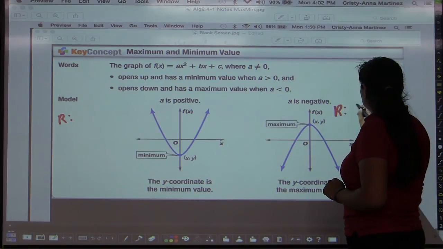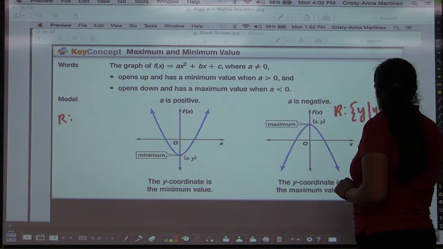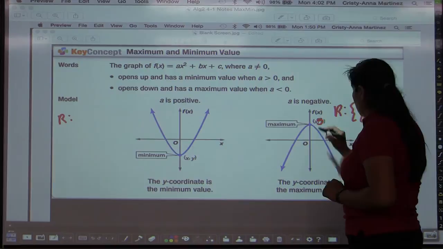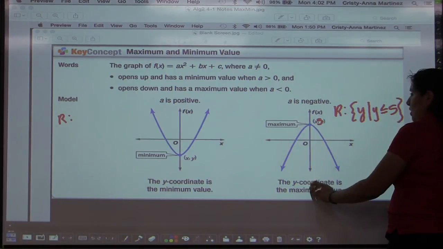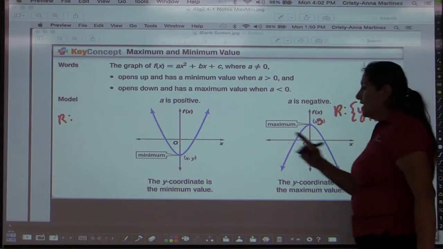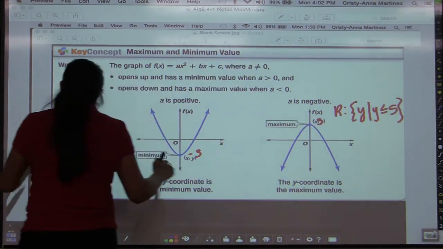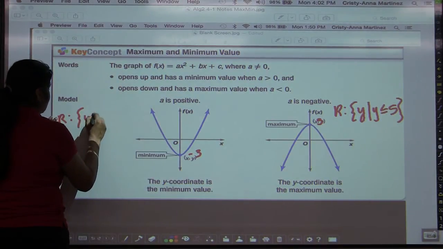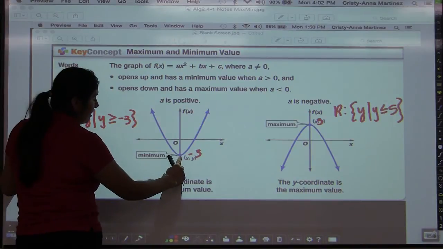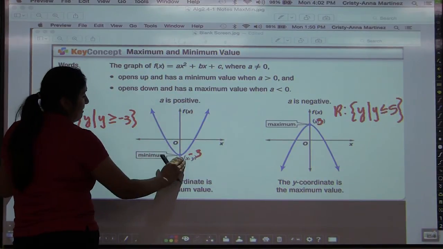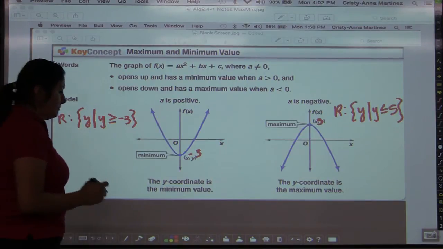So for your range, you would have all y such that y is less than or equal to 5. If this happened to be the value 5 here, then you're saying that the y values will be 5 and below. It will never be higher than 5. In this case, let's just call this negative 3. Then in this case, you would say the range would be all y's such that y's are greater than or equal to negative 3, because they would start at negative 3 and then go above, but never go below. And that's how you would apply the range to this kind of a function.